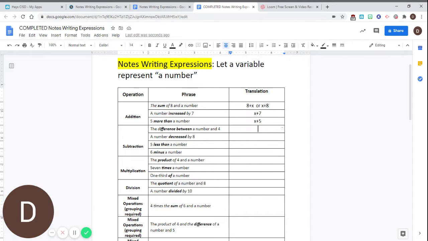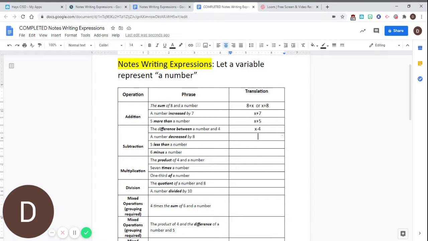So if we're trying to write something that represents the difference between a number and 4, a number comes first, and we're subtracting 4. So x minus 4, the difference between a number and 4. So we'll actually use the order for the subtraction.